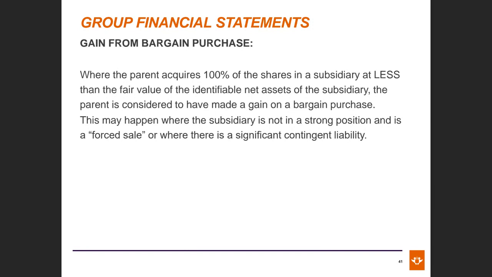So here it just says where the parent acquires 100% of the shares in a subsidiary, where they are acquiring those shares at less than the fair value of the identifiable net assets of the subsidiary, the parent is considered to have made a gain on bargain purchase. So they are getting the assets, and this is worth more than what the acquirer is paying for those shares.